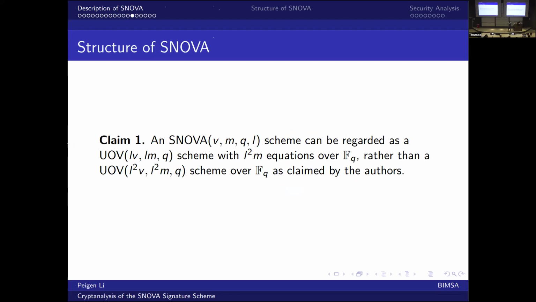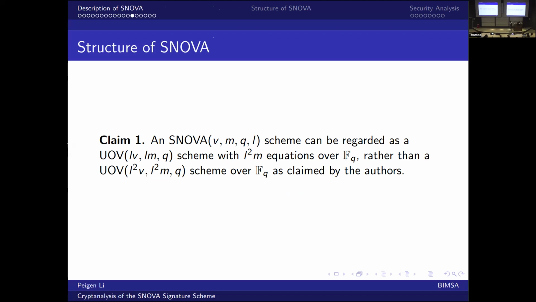The first claim is that SNOVA with parameters v, m, q, l can be regarded as a UOV scheme with l times v variables and l times m equations over Fq, rather than l square v variables as claimed by the authors.